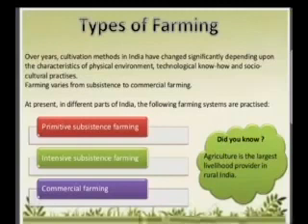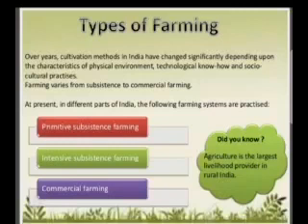Now let us study the different types of farming. Over the years, cultivation methods in India have changed significantly depending upon the characteristics of the physical environment, technological know-how and socio-cultural practices. Farming varies from subsistence to commercial farming.